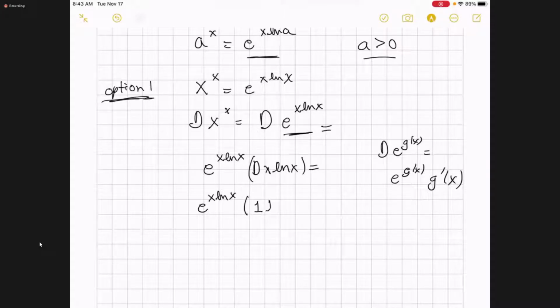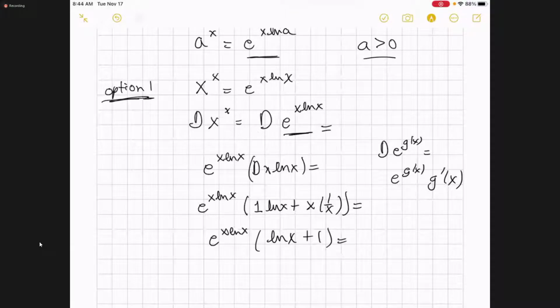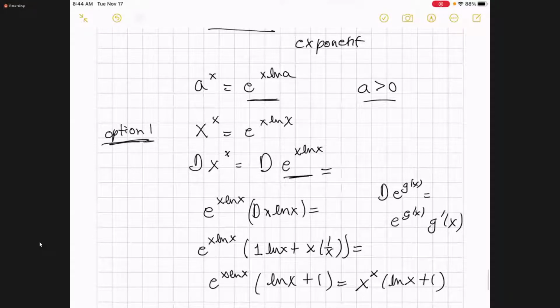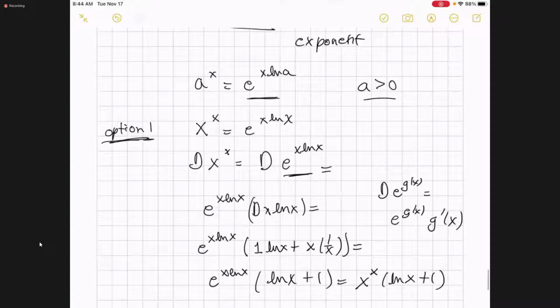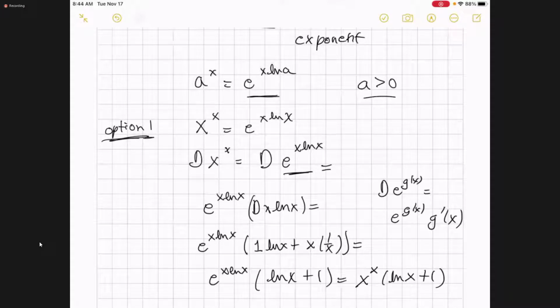So that's 1 times ln x plus x times 1 over x. So that's e to the x ln x times (ln x plus 1), which is the same thing as x to the x times (ln x plus 1). Okay, that's one way to do it.